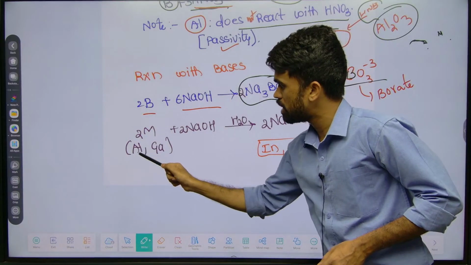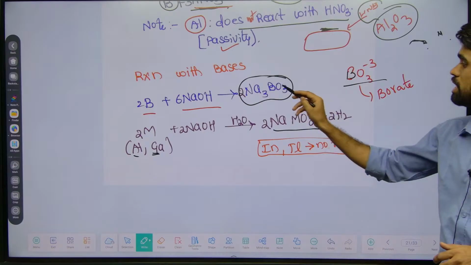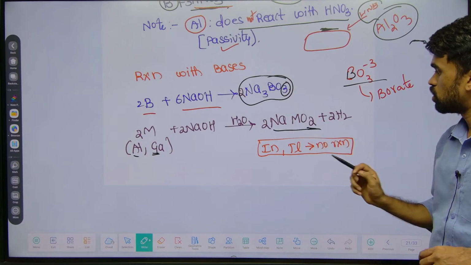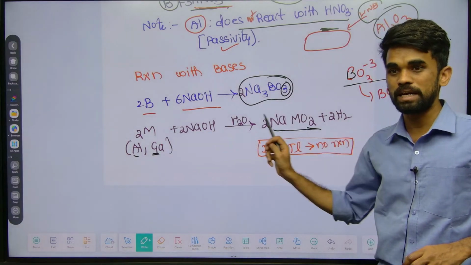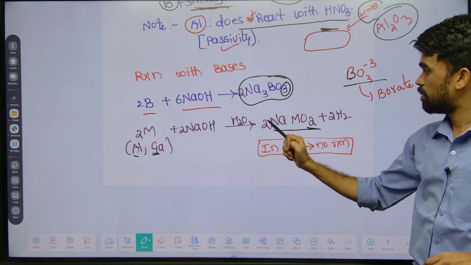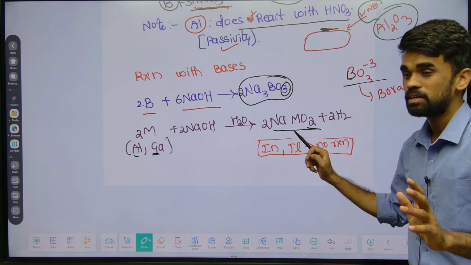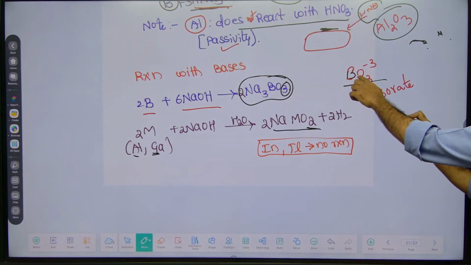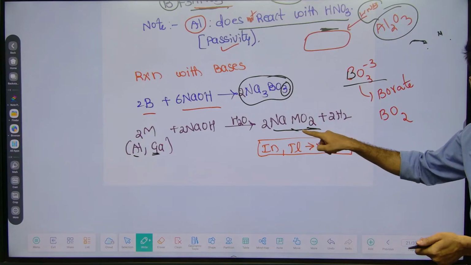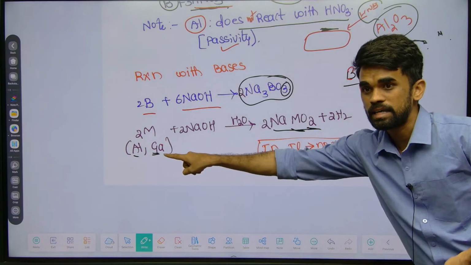Whereas aluminium and gallium form metaborates. So there is a difference in the formula. How many oxygens are you seeing here? 3. Here it is 2. I mean, not metaborate, meta-aluminate. This is borate. Metaborate means the formula is BO2. So you should call them meta-aluminate, meta-gallate.